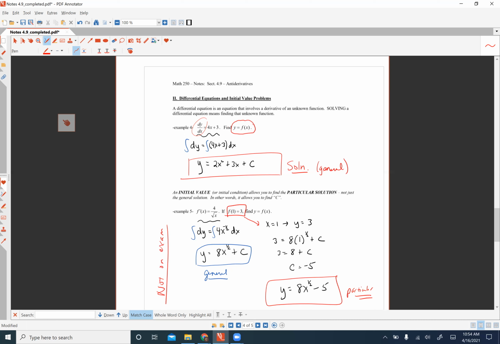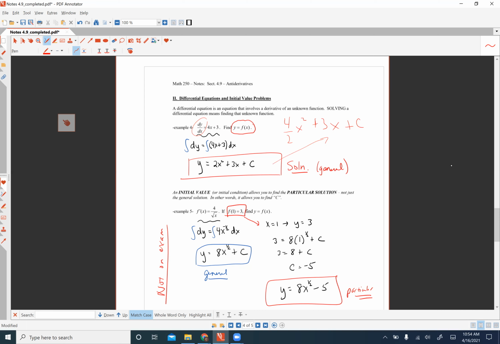So you get 4 over 2 x squared, and then plus 3x, and then you have to add this constant c, because that's the general solution. So there's a whole family of solutions to this differential equation. Okay, so we've solved the equation.